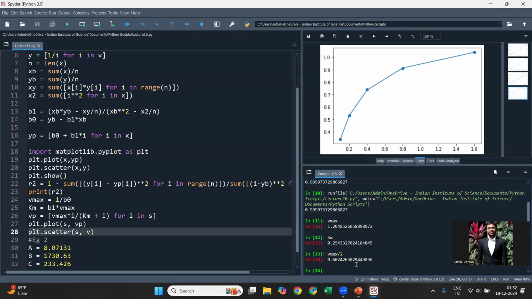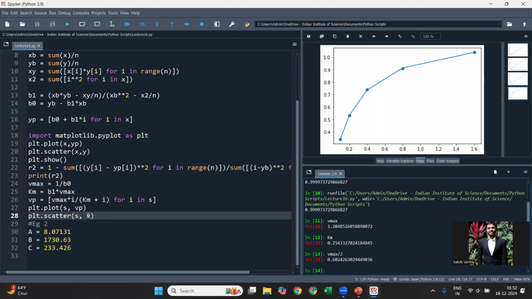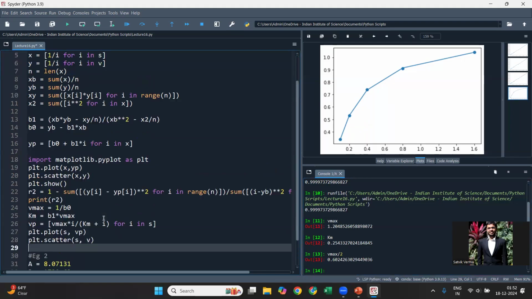And that is what we see over here: when we have the substrate concentration approximately equal to 0.25 something, the rate becomes approximately equal to Vmax by 2, which is 0.6 something, right? So this enzyme follows Michaelis-Menten kinetics very nicely. That is our conclusion from this example.